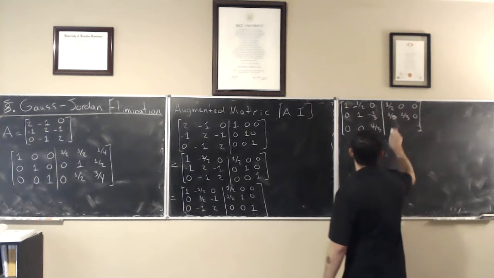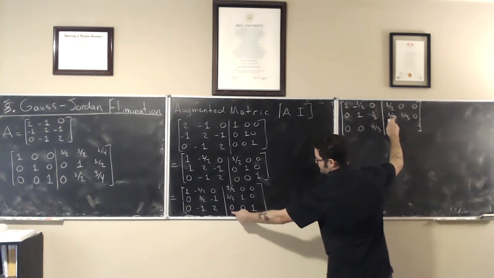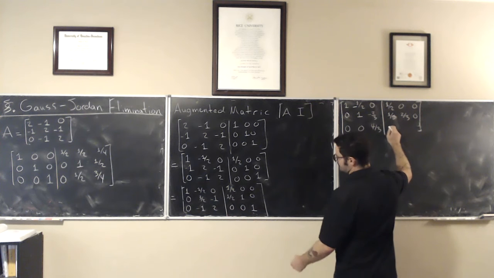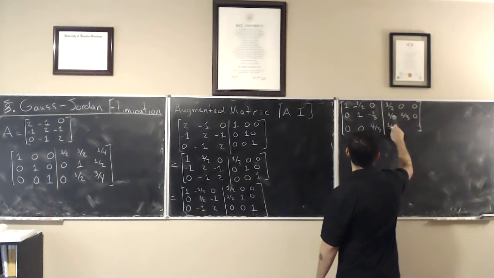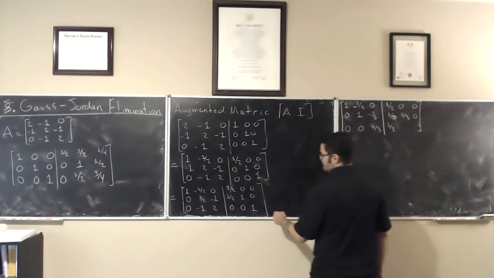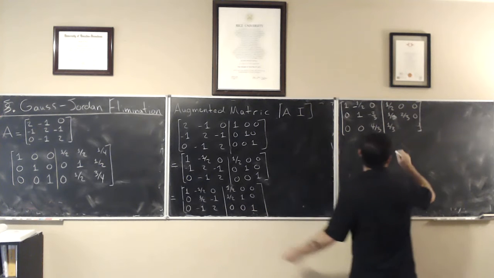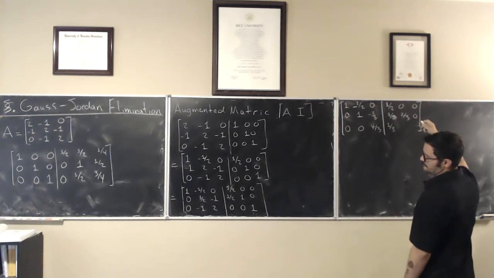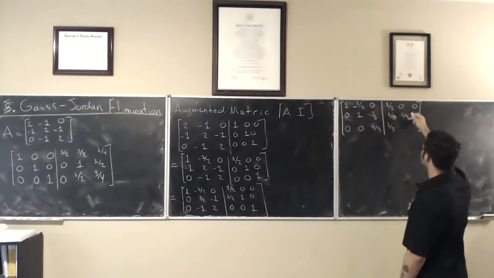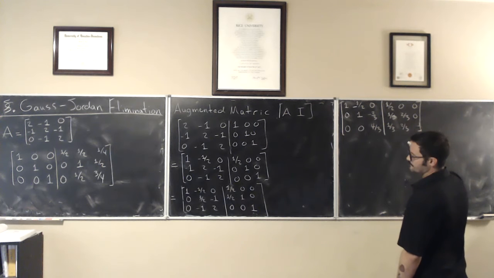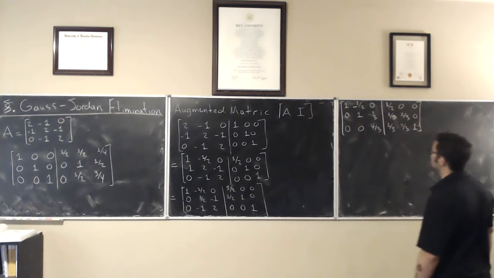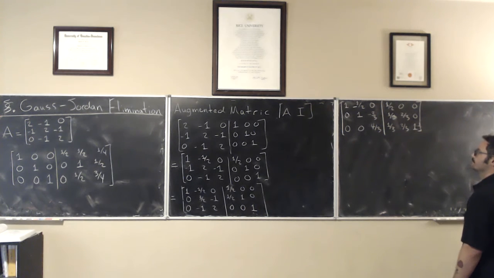And then so this will be a minus 1/3 there now. Or no, I'm adding it. It should be 1/3. Adding that row. And then 1 plus 9, so it would be just 2/3 here. And then this is still 1. Okay.